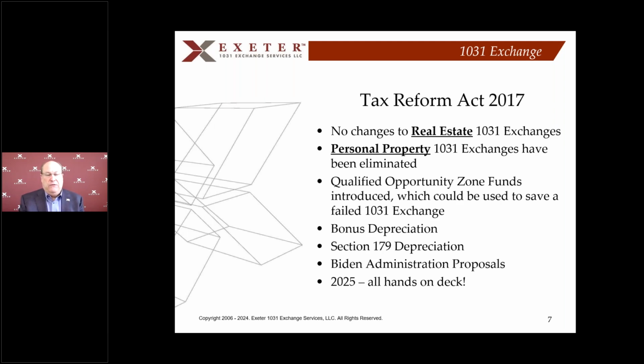So just want to point that out, that personal property, which is non-real estate, no longer qualifies for 1031 exchange treatment. The Tax Reform Act of 2017 also rolled out a new tax planning, tax deferred strategy called the Qualified Opportunity Zone. And that actually is a different animal. It doesn't work with a 1031 exchange. And the reason for that is these Qualified Opportunity Zone funds are typically set up as LLCs.